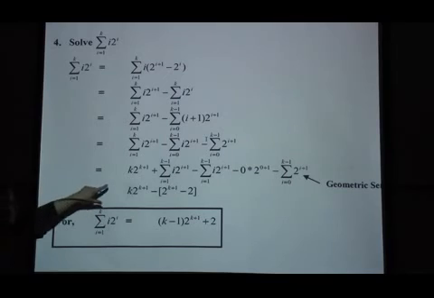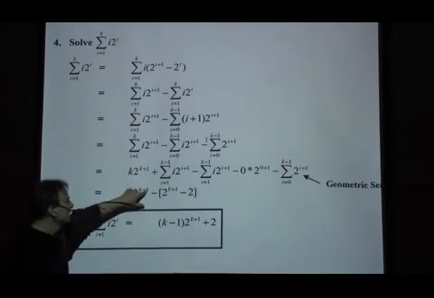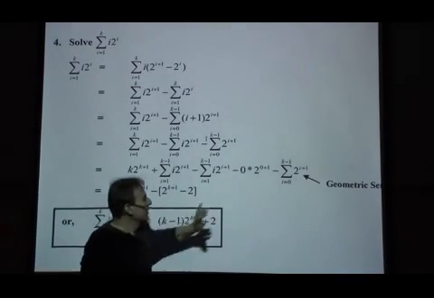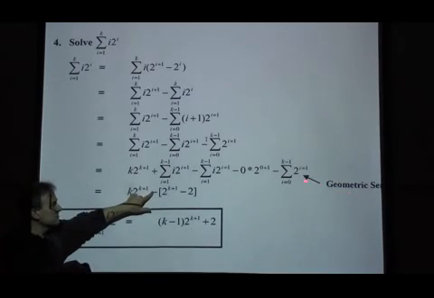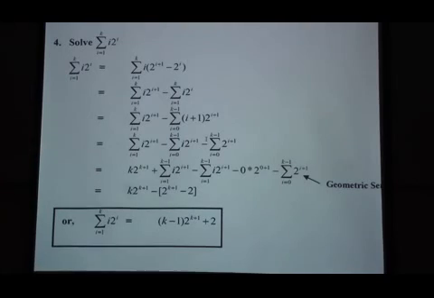So what I have is k times 2 to the k plus 1, cancel, cancel, 0, minus the sum from 0 to k minus 1, a geometric series. And this geometric series is simply 1 minus 2 to the power of k over 1 minus 2, which is 2 to the k plus 1 minus 2. So that's the value of the summation from 1 to k.